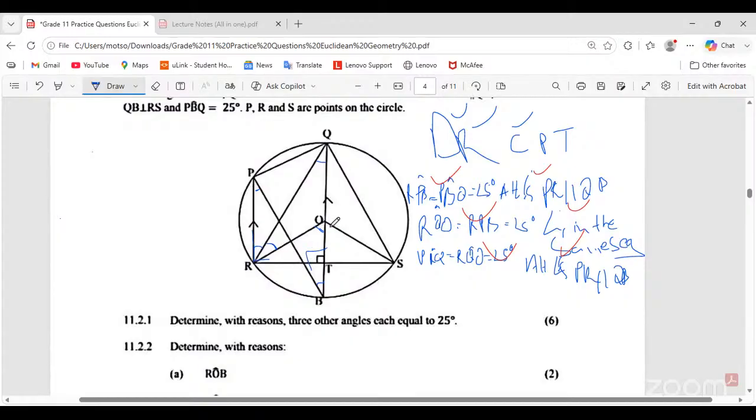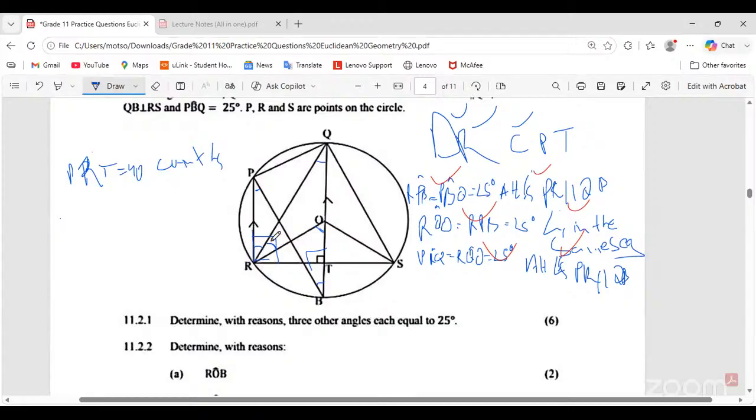These lines are parallel, meaning these angles are equal. Therefore, I will say angle PRT is equal to 90 degrees, because this 90 and that 90 will give us 180 degrees. Now I will say angles, right? Yes.